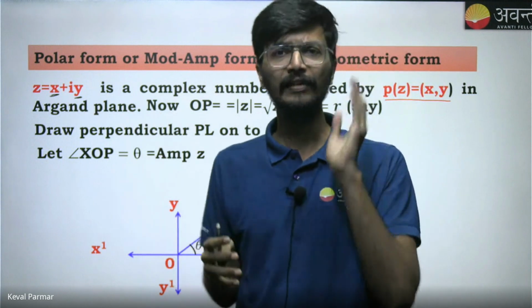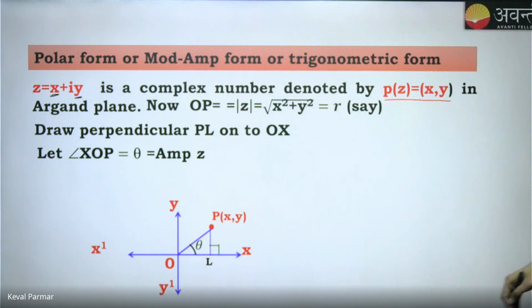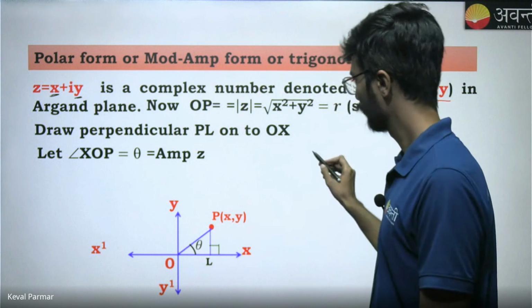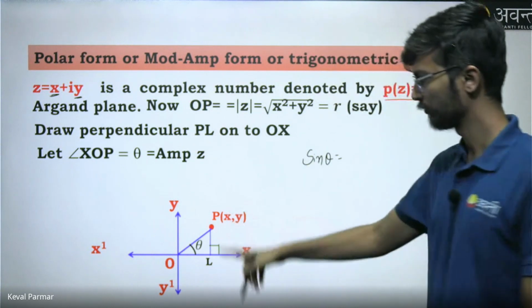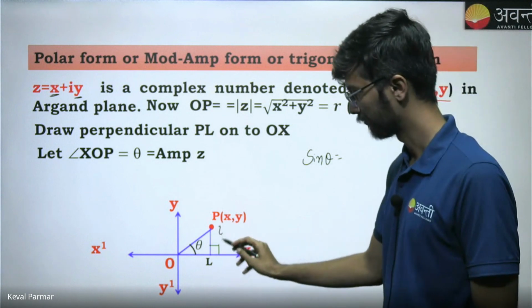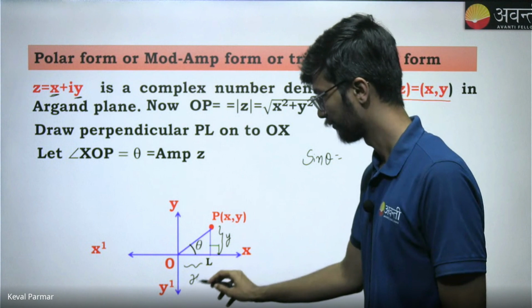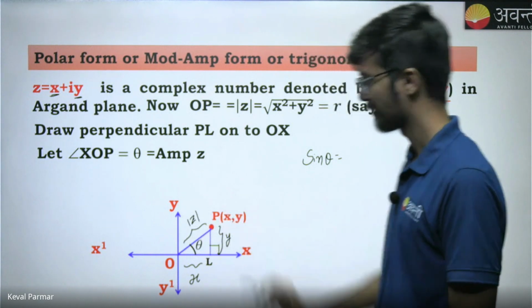We have done it in trigonometry also. So what does this bring us to? You can see in this triangle, it's a right angle triangle. Sine theta is opposite upon hypotenuse. What is the opposite side? This, which is nothing but y, and this is x, and this is the hypotenuse, which is mod of z.